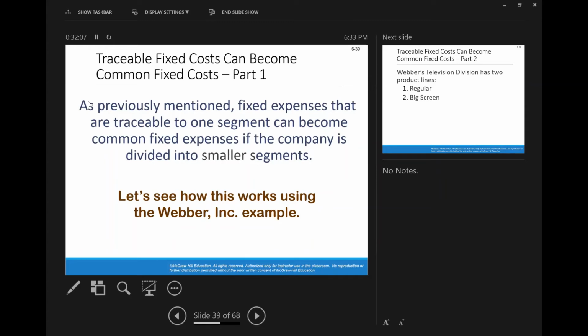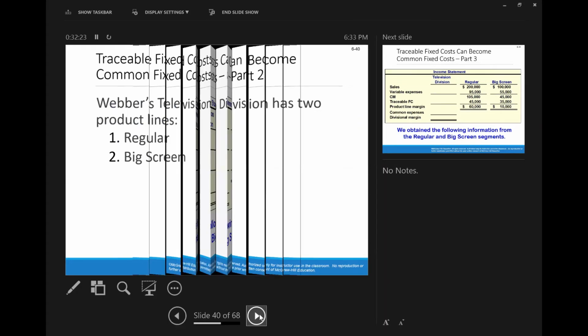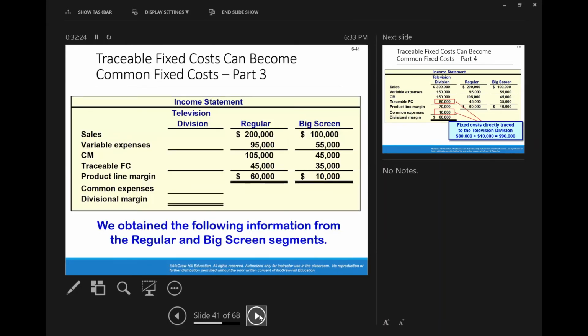Fixed expenses that are traceable to one segment can become common fixed expenses if the company is divided into smaller segments. All right, let's look at an example. We have regular and big screen TVs. Here's our television. We just looked at the television as a segment.